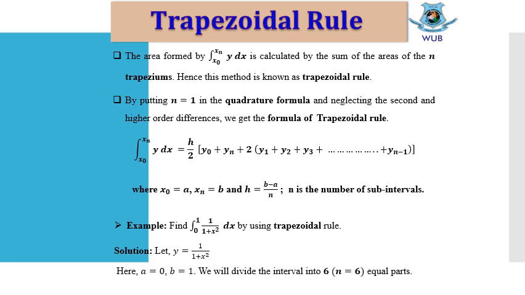When we put n equals to 1 and neglect the second and higher order differences, we can obtain the following equation, which is the integral from x naught to xn of f(x) dx or y dx, and we get h by 2 into (y naught plus yn plus 2 times (y1 plus y2 plus y3 up to yn minus 1)), where x naught equals a, xn equals b, and h equals (b minus a) divided by n.